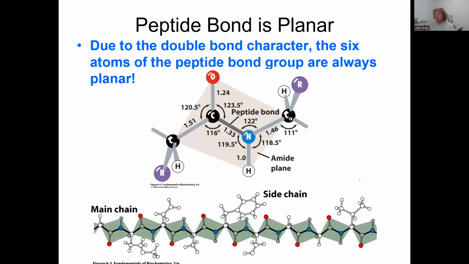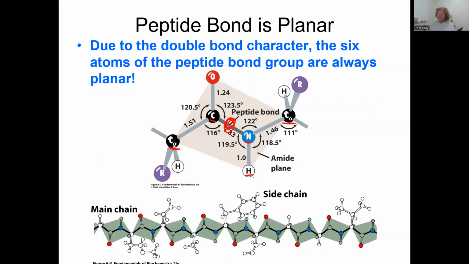Due to the double bond character, the 6 atoms of the peptide bond group are always planar. That means they all exist in the exact same plane. To illustrate that, here we have the peptide bond that I pointed out previously. Those 6 atoms are this alpha carbon, this other alpha carbon, our carbon and our nitrogen within that peptide bond, and an oxygen and a hydrogen that are found either on that carbon or that nitrogen.